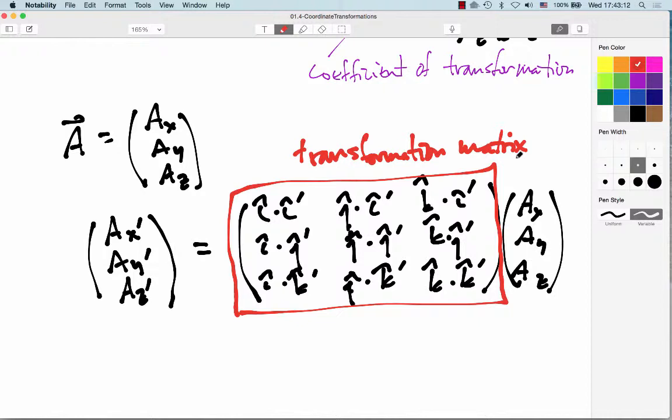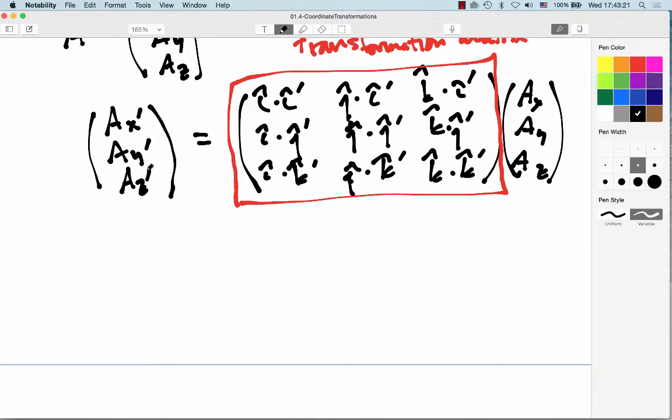Okay, and we can similarly construct the transformation we would need if we were going the other way.